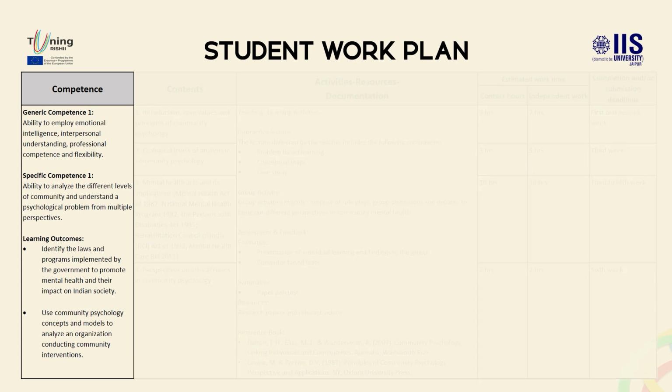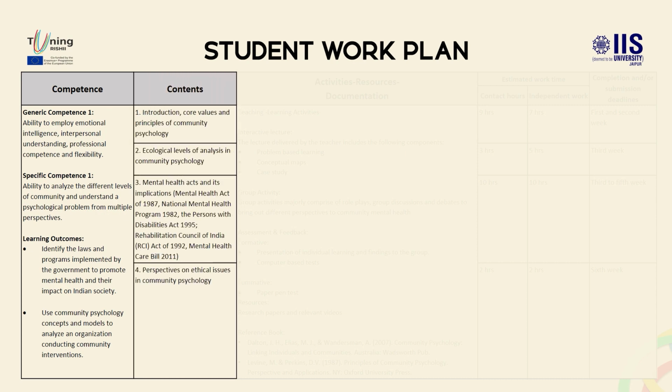The first column of the plan mentions the competencies under focus and the learning outcomes related to the same. The second column of the work plan details the content of the syllabus pertaining to the competencies mentioned.